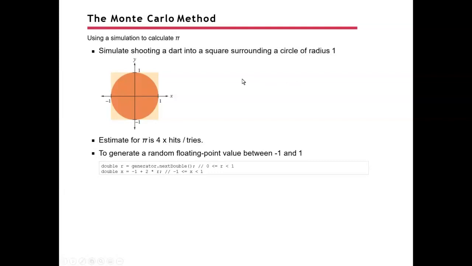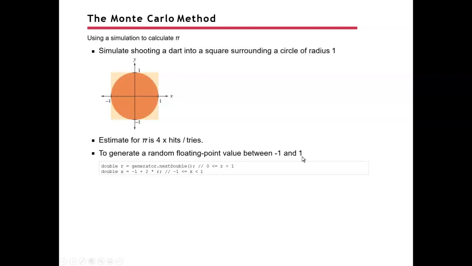Another example would be using the Monte Carlo method to calculate pi. Basically, Monte Carlo usually refers to something where you use randomness to converge on a point. So if you shoot a dart into a square surrounding a circle of radius 1, you estimate pi from the hits.